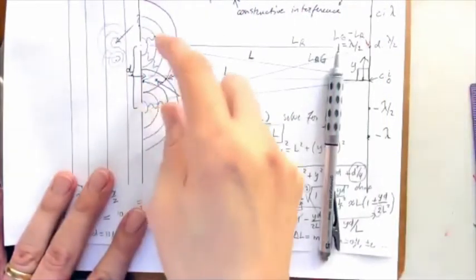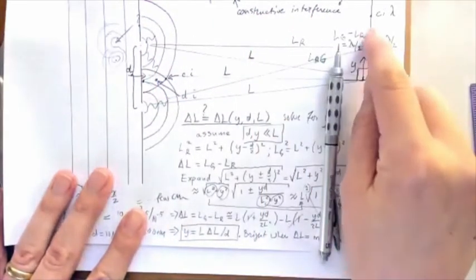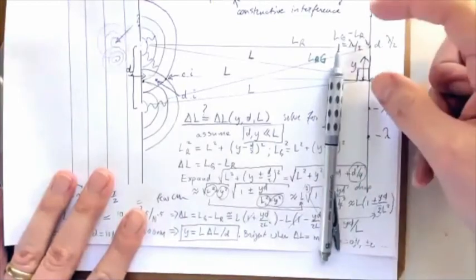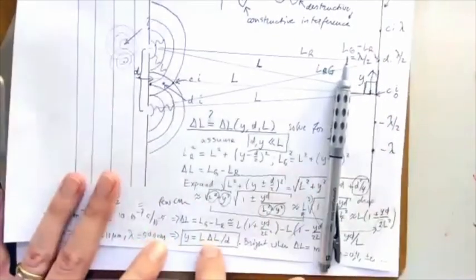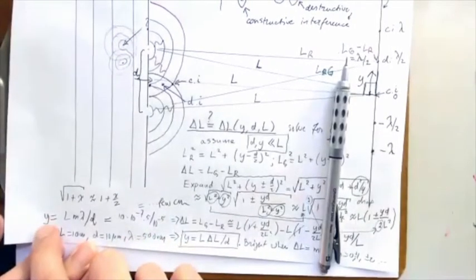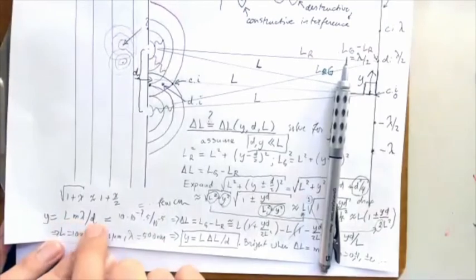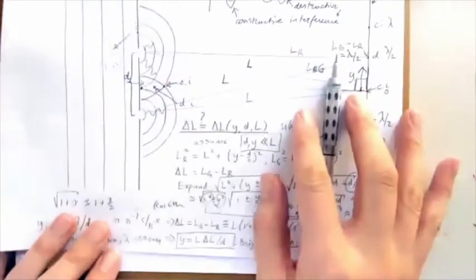If you have a red laser, it's really red, no other colors in. And now you just measure the distance here from here to there, and you measure how many bright spots you get in a centimeter. You get your distance in y, and then you know what L is, you know what d is, presumably, because you know what those slits are, and you can solve for lambda. So that's how you can measure the wavelengths of light.